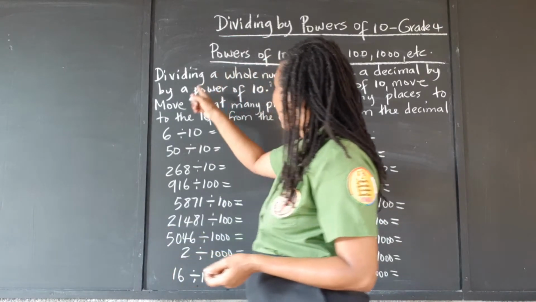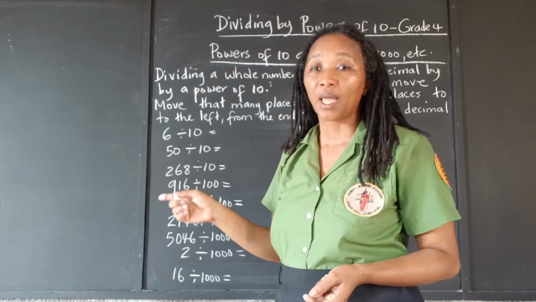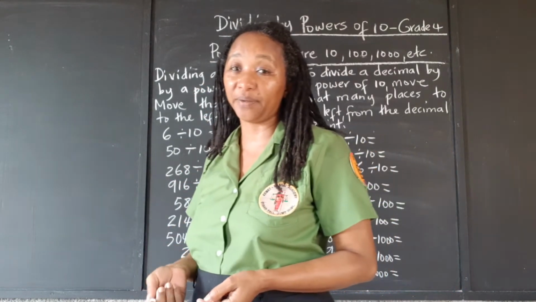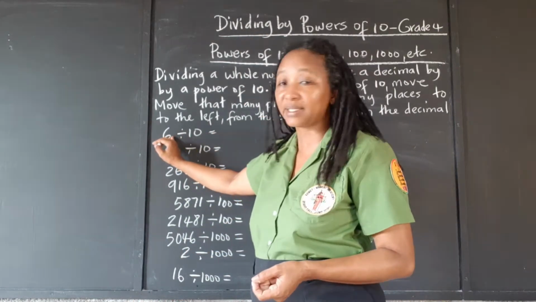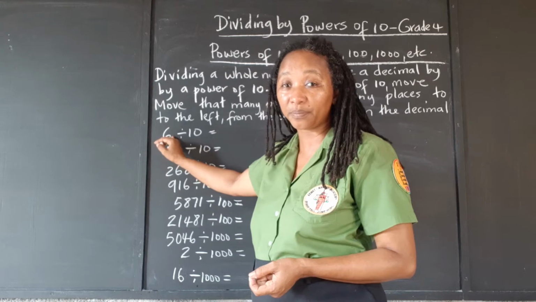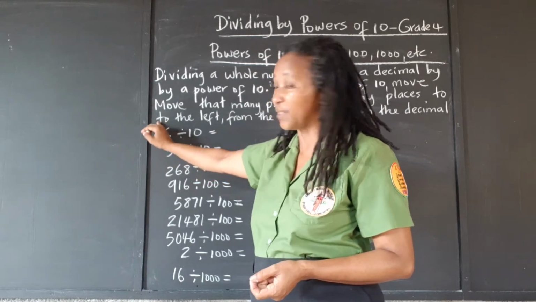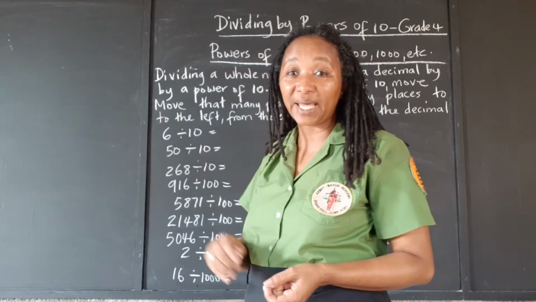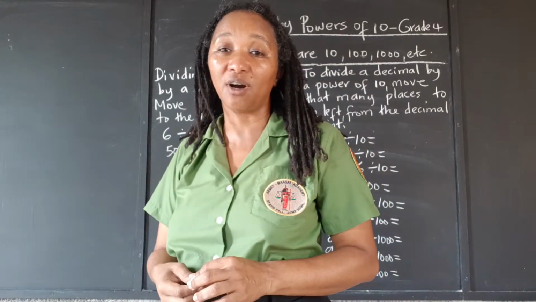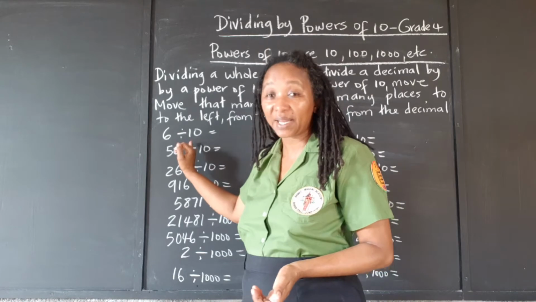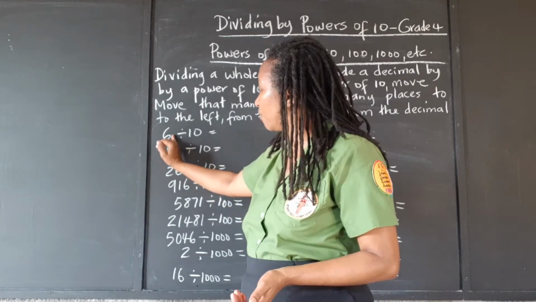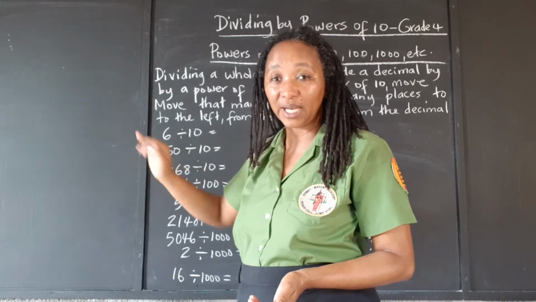So when we're dividing a whole number by a power of 10, we are going to start at the end of the whole number and move to the left. How many places to the left depends on which power of 10 you're dividing by. If you're dividing by 10, you're going to move one place to the left.